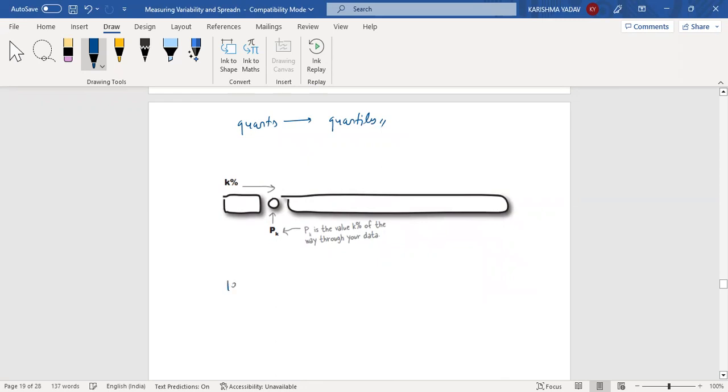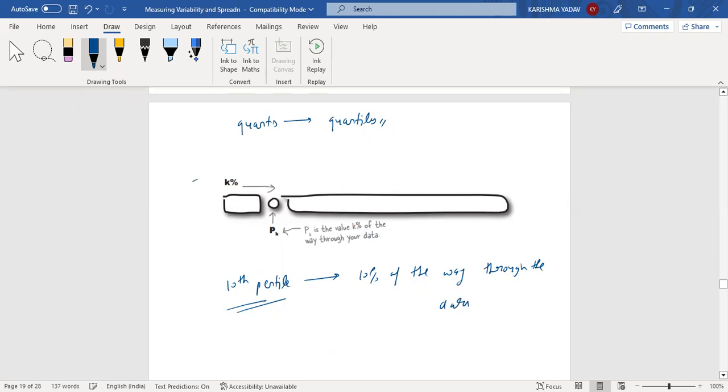So the 10th percentile is the value that is 10% of the way through the data.